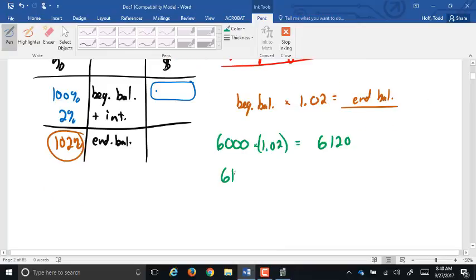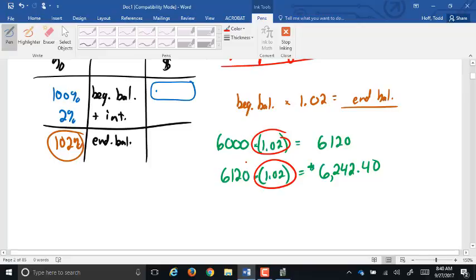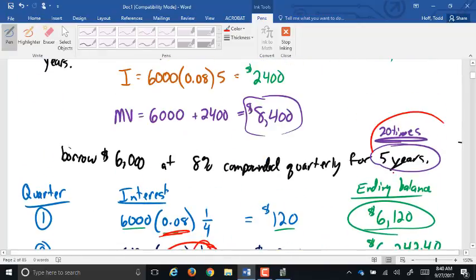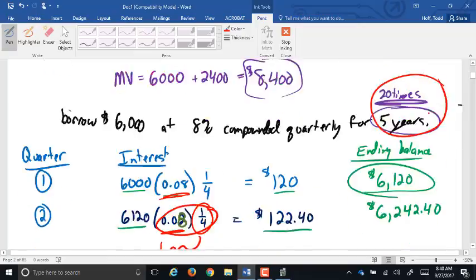I take the 6,120 times 1.02, I get $6,242.40, which was my ending balance at the end of the second quarter. How many times am I going to have to multiply by 1.02? 20, 4 times a year for 5 years, so 20 times again.